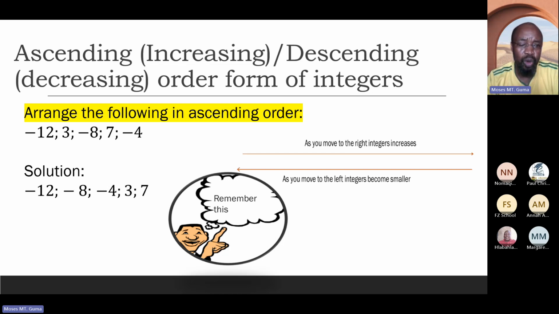Now, let's look at those numbers. You see, minus 12 comes after minus 8, and minus 8 comes after minus 4. Now, when we do this in an ascending order form, that is minus 12, minus 8, minus 4, 3, and 7, that is now increasing, smaller to bigger. Remember, this would give you 2 marks in your exam.